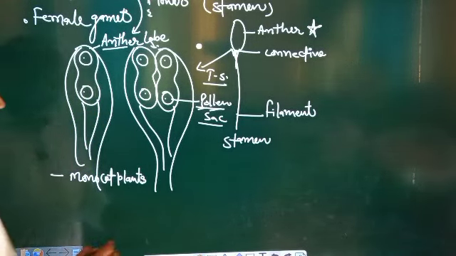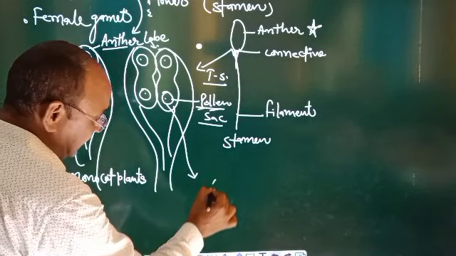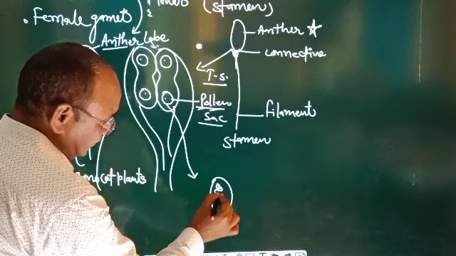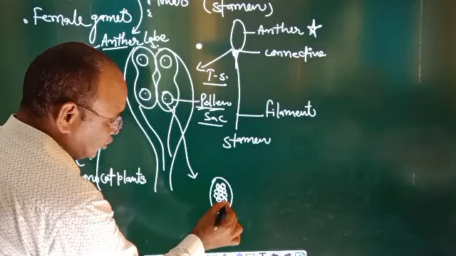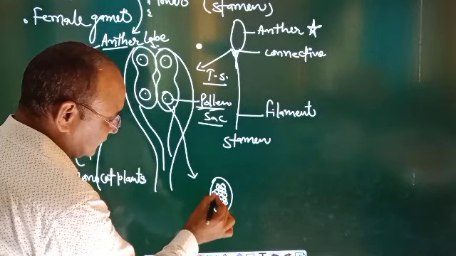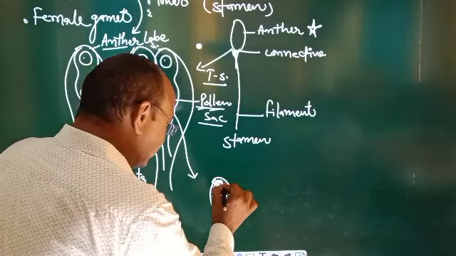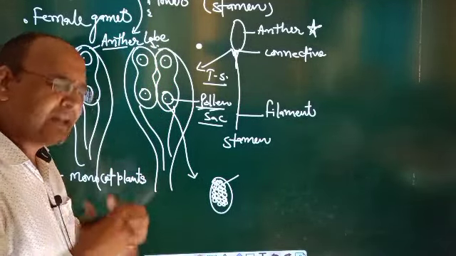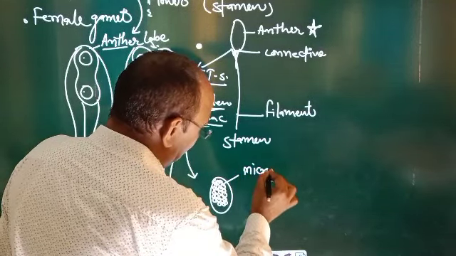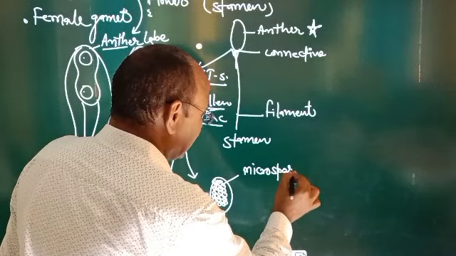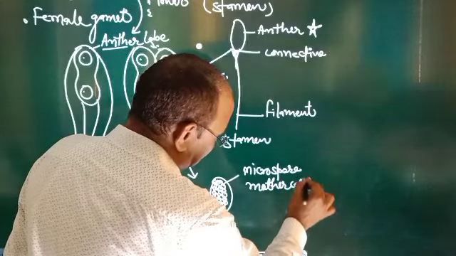Clear? In pollen sac, many diploid cells are present. Diploid means 2n cells. In these, one cell or another cells act as a microspore mother cell.